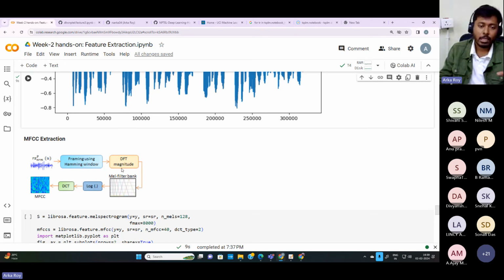DFT is basically the Fourier transform in the discrete case. Then you create some filters like these triangular filters. These are called mel filters. Then you take the log transformation, and then you take the discrete cosine transformation. And finally, you will get the MFCC vector. All the mathematical information is also covered in the last lecture of week one.